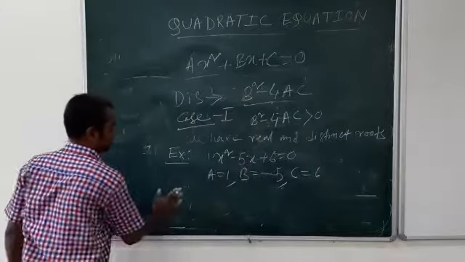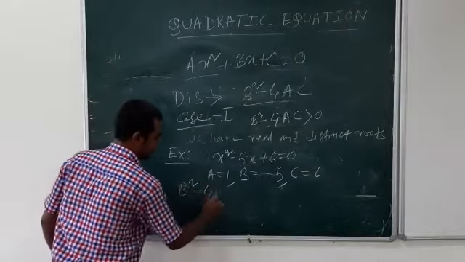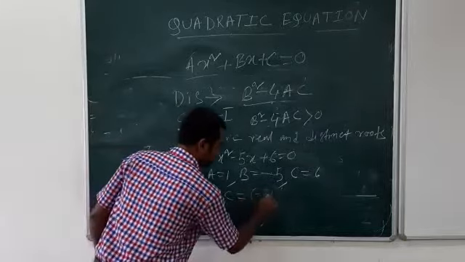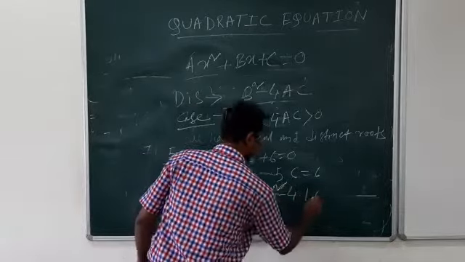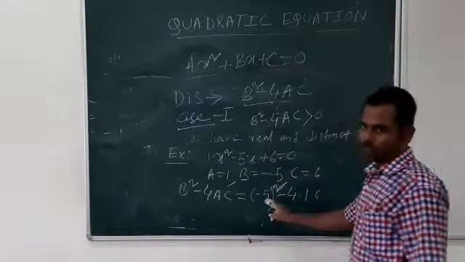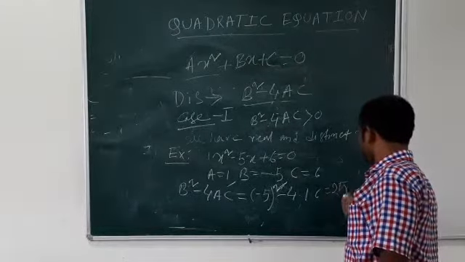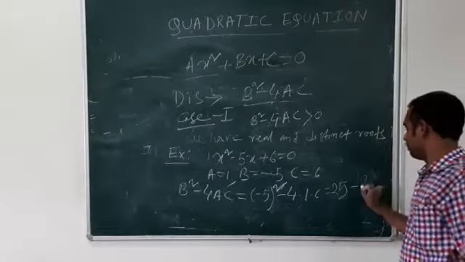Okay. So what is the value of the discriminant? b square minus 4ac. So b value is minus 5, whole square, minus 4ac. Minus 5 whole square is 25. 25 minus 4 into 1 into 6, that is 24.